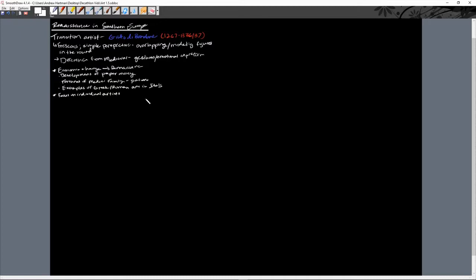And of course, we talked very early on about the writings of, is it Andreas Vesalius? Giorgio Vasari, who started to gather the biographies of these artists, in the Lives of the Artists.